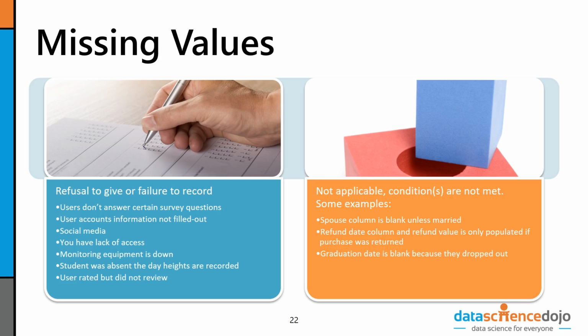Next thing is maybe the refund date column or the refund value column is only populated if someone returns a purchase. Okay, so in this case, if it's blank, you might want to just fill it in with 0, just assuming that they've never returned anything, okay, for that transaction. And then maybe graduation is blank because they dropped out. They never got to the graduation. Okay, so there's many reasons in the real world why something could be missing.